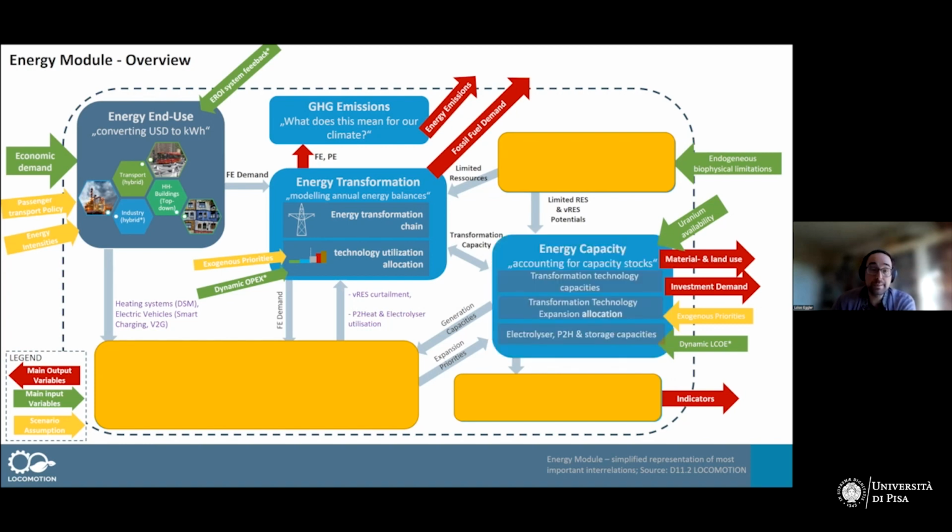In order to be able to model this energy transformation, we also need to take into account the energy capacities that are existing. So we need to know what's the power plant stock and CHP stock and heat plant stock that we actually have available, and how does it develop? How much phases out each year? How much is built new? And this creates obviously a demand for investment, for both material investment and monetary investment.